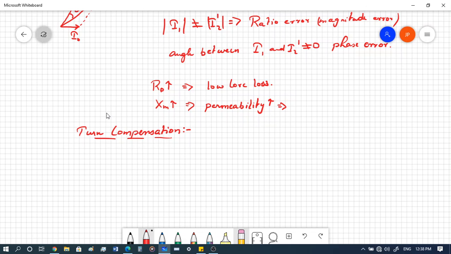Here we have already seen that the magnitude of I1 is slightly greater than the magnitude of I2 dash, right?